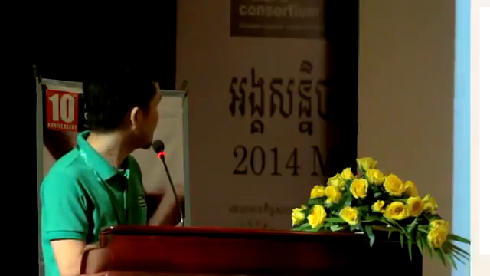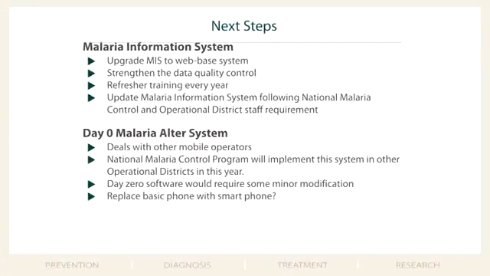So our system is still updated every year, because when they use it, there are more requirements, more changes, and adjustments. And for this role, we will deal with another mobile operator, another company, and the national malaria control program is implementing it this year to expand across the country.